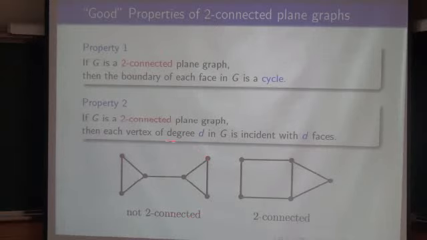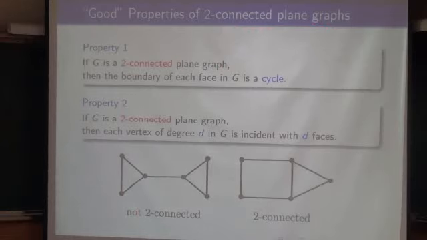If you see the first graph, the condition that the boundary of each face in G is a cycle is not true, because when we consider the outer face, the boundary is like this, which uses this edge twice. So the boundary of the outer face is not a cycle. But if you see this example, you can check that the boundary of each face is a cycle, right? So actually we can show this is true.